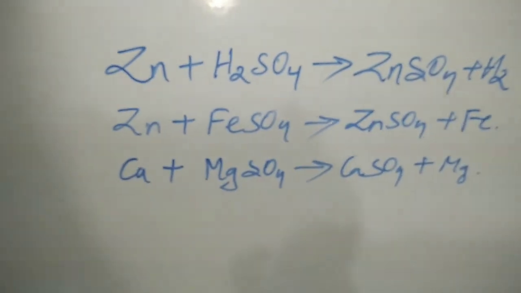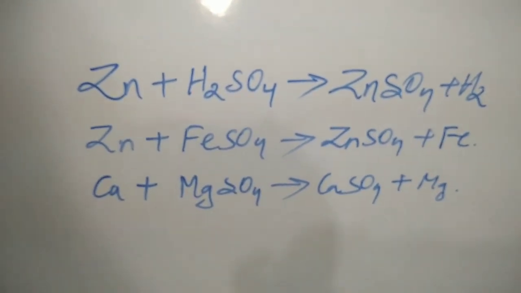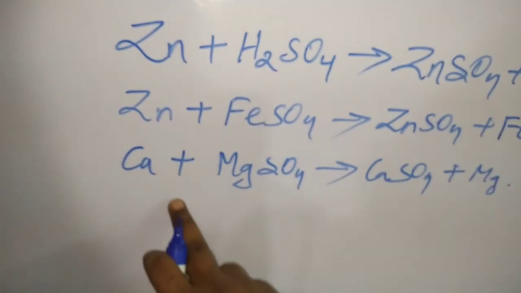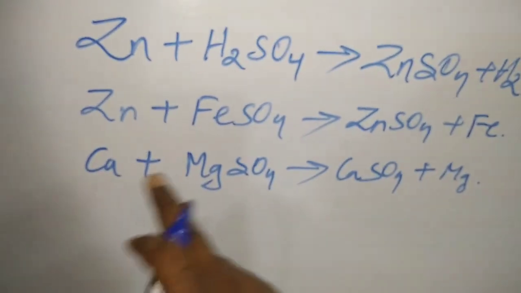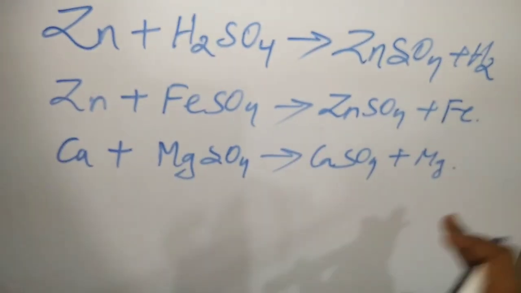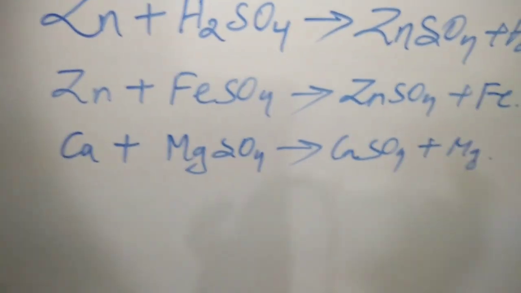Okay students, understand? See, calcium is placed above magnesium. Yes, right, that's why calcium can displace magnesium easily, forming the compound calcium sulfate.